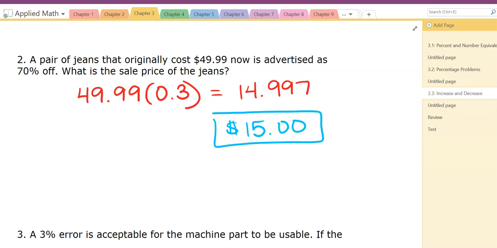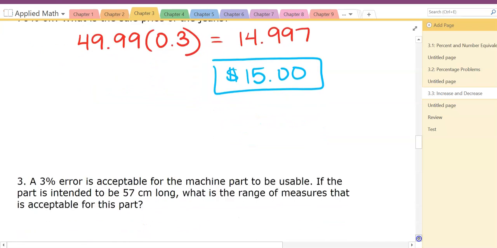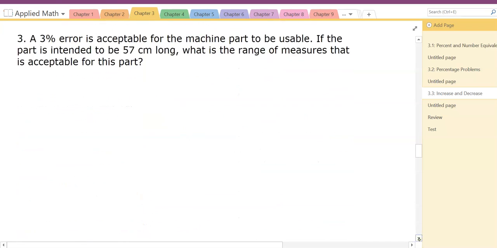All right, if we flip the page over, this next one says that a 3% error is acceptable for the machine part to be usable. If the part is intended to be 57 centimeters long, what is the range of measures that are acceptable for this part?